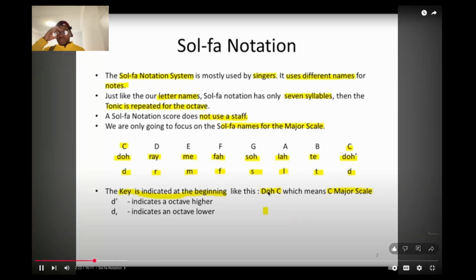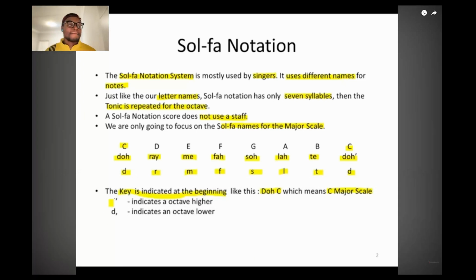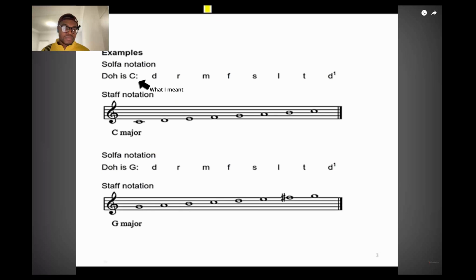We can also indicate an octave higher with a comma above or a 1, an octave lower with a comma below or a 1. These are the examples where, as I said, Do is C. That means we are in C major.